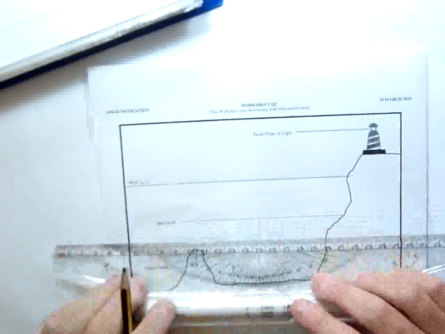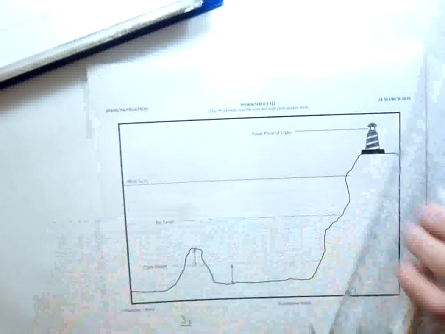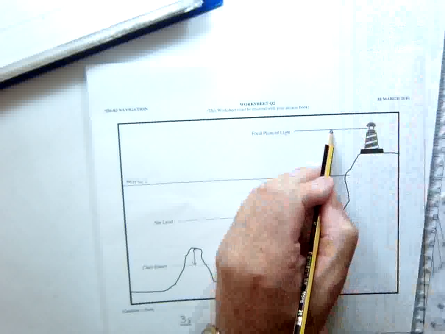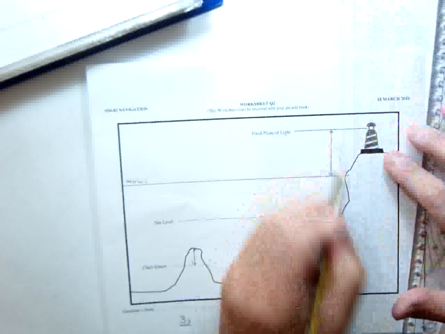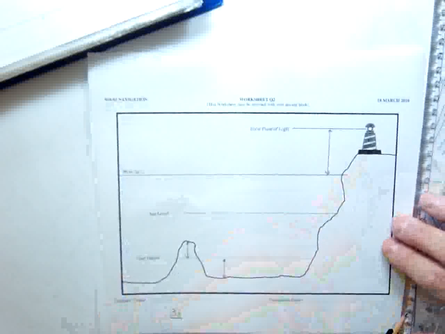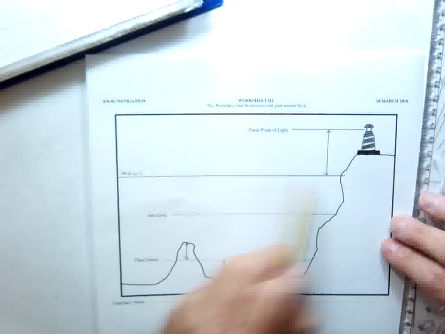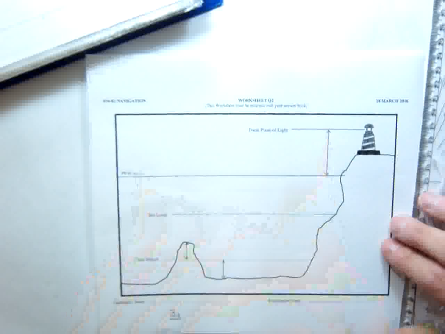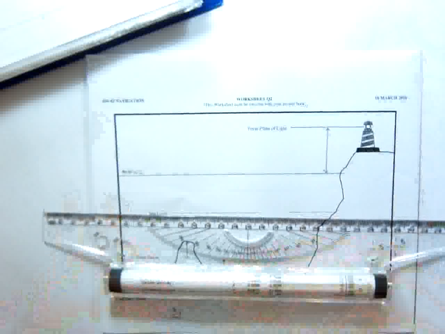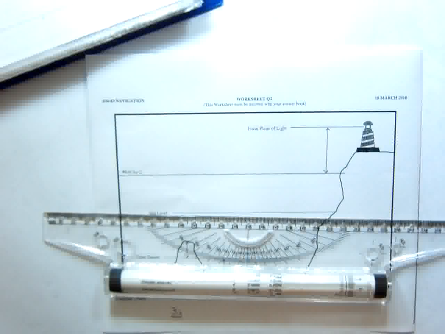Now, from mean high water springs, vertically upwards to the focal plane of a light, that will be the charted height of that lighthouse. So the charted height is the distance from mean high water springs vertically upwards. So that's mean high water springs, and that indicates our high tide. It's a high tide that's higher than others.